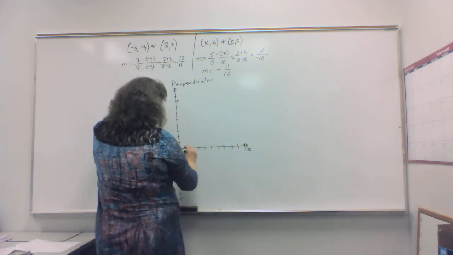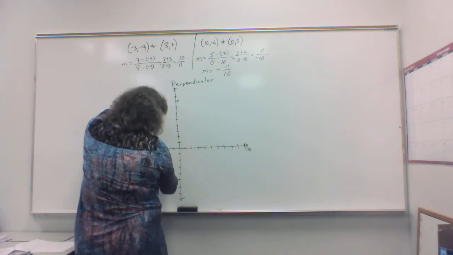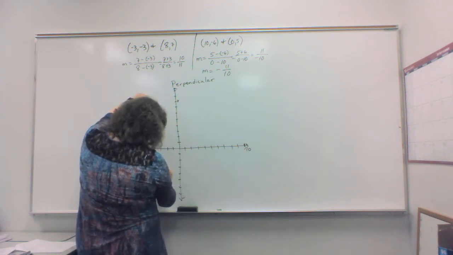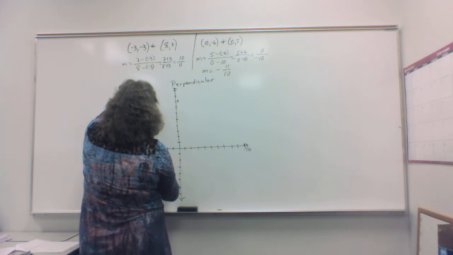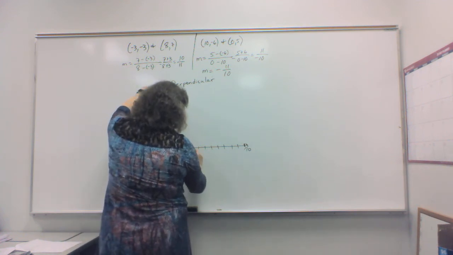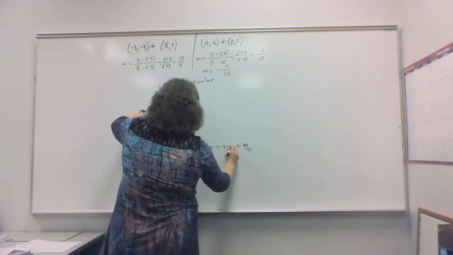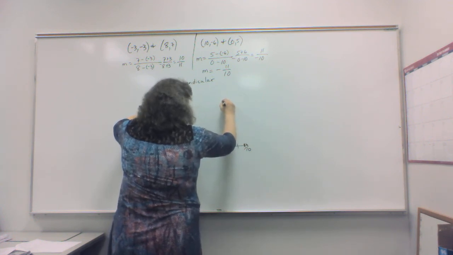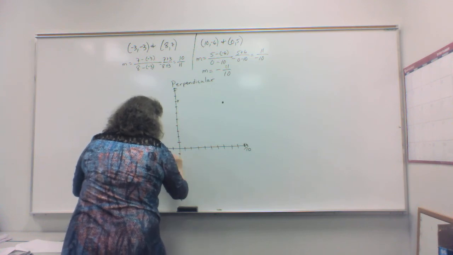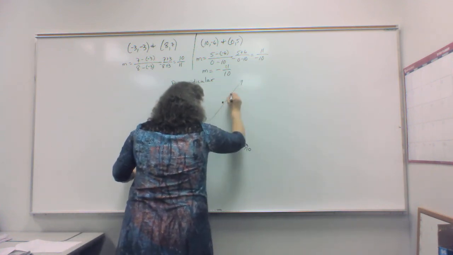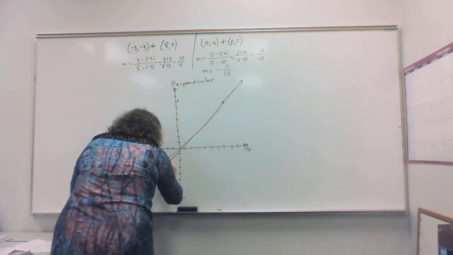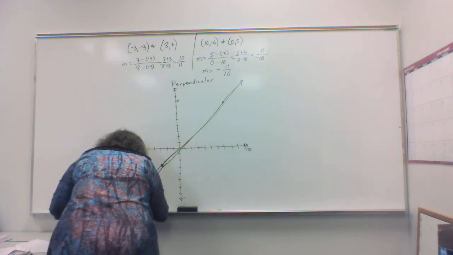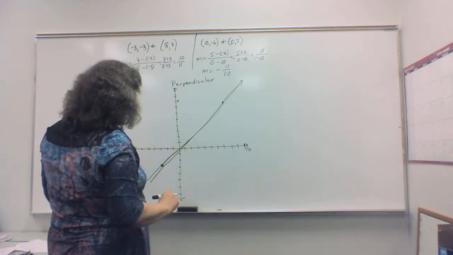Okay, negative 3, negative 3. There's one of them. 8, 7, 2, 4, 6, 8, up 7. There's my other point. Long way apart, hard to draw an accurate line. But anyway, there we go, somewhat.